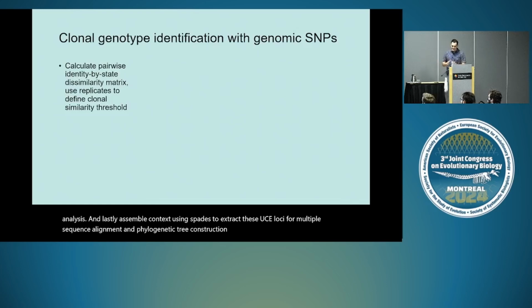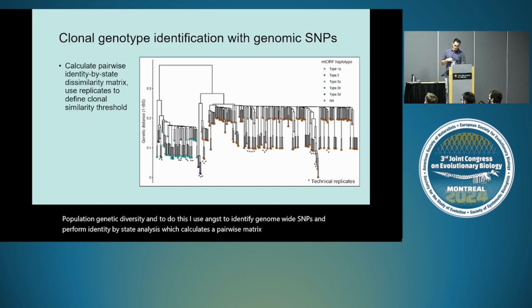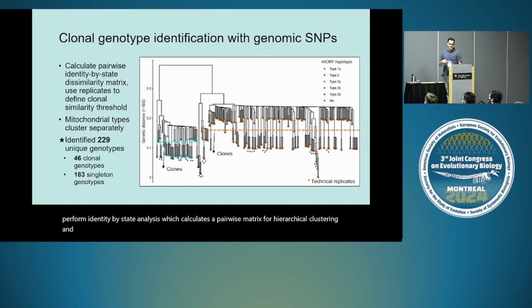So the first thing I had to do was to correct for the presence of naturally occurring clones in the data set, which would otherwise bias estimates of population genetic diversity. And to do this, I used ANGSD to identify genome-wide SNPs and perform identity by state analysis, which calculates a pairwise matrix for hierarchical clustering and clonal genotype identification based on a threshold cutoff determined by including technical replicates.